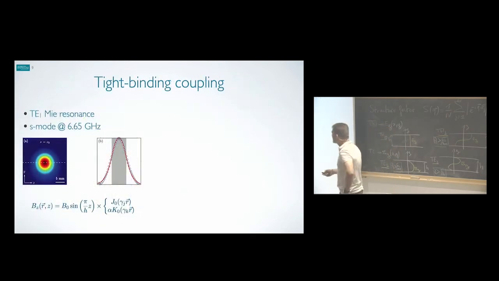Why? Because here I show you the S mode of the first TE resonance. This is a view from the top of the magnetic field inside, and here is a profile along this direction.